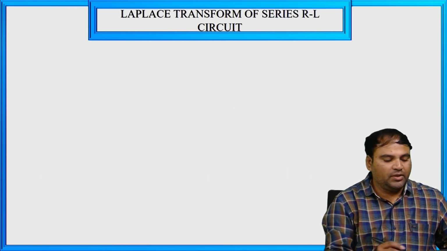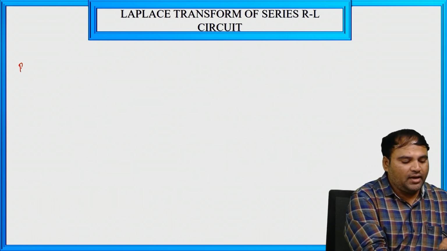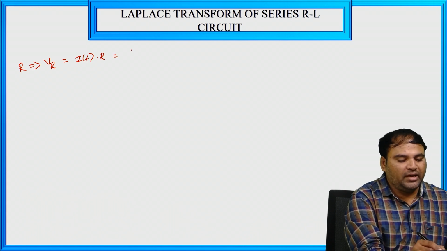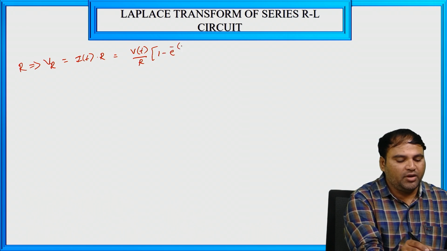Now the voltage drop at resistor R, that is VR, equal to I of t into R. That is equal to I of t is V of t divided by R into 1 minus e to the power of minus R by L into t, into R. R and R get cancelled.